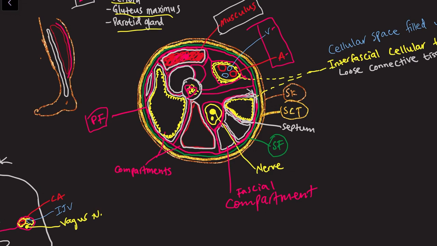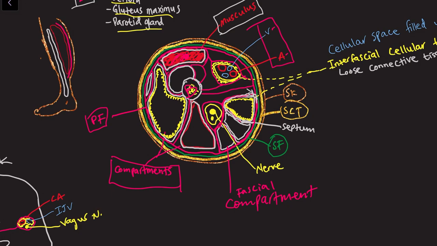Now, look at this. When the proper fascia divides and forms the superficial lamina and the deep lamina, it covers different aspects of the muscles and eventually divides the muscles into compartments.